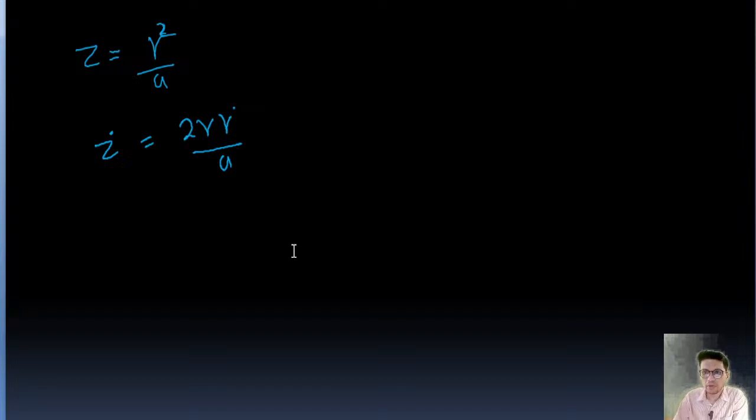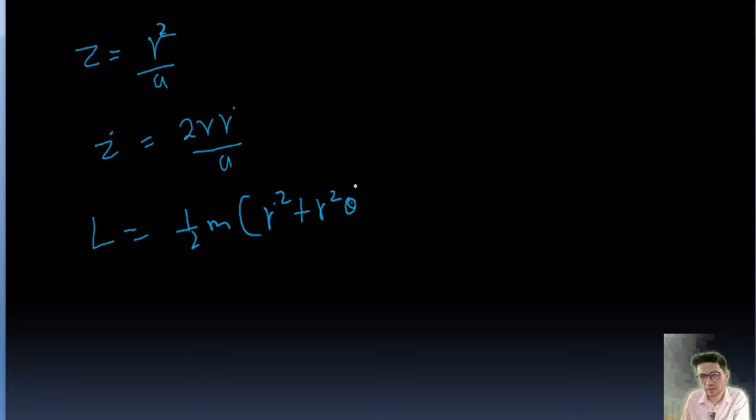Well, now we'll put this value of z and z dot in equation 1. Then the Lagrangian is going to be L equal to half m (r dot square plus r square theta dot square plus z dot square).